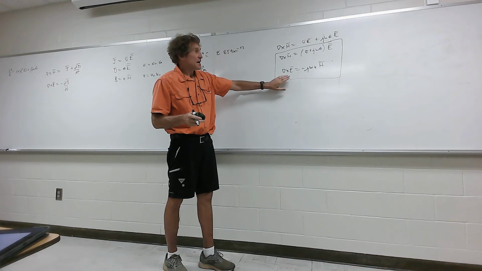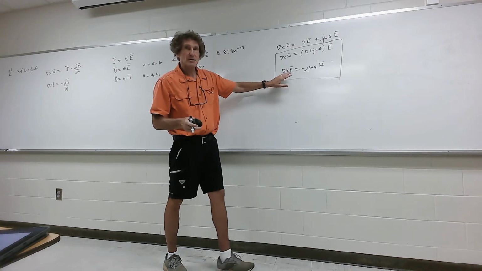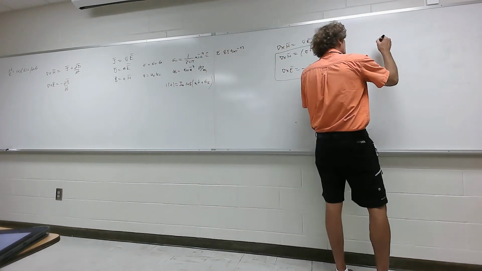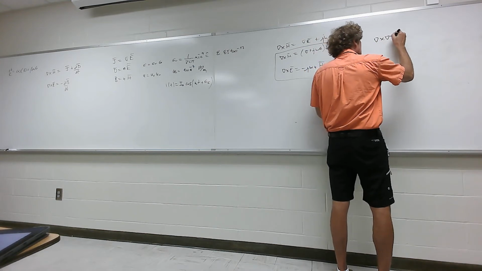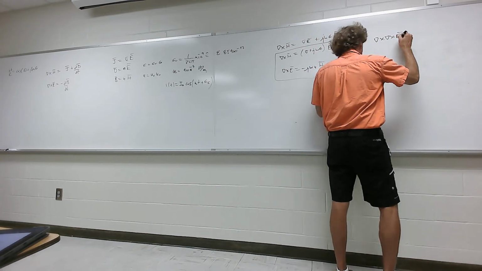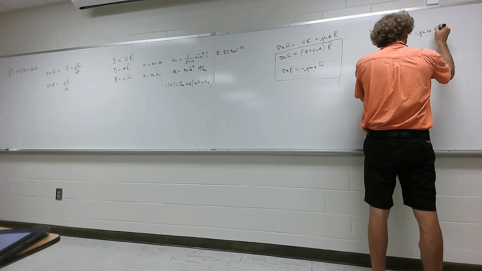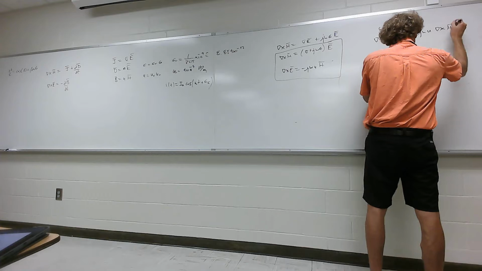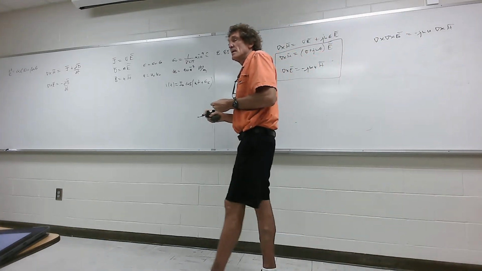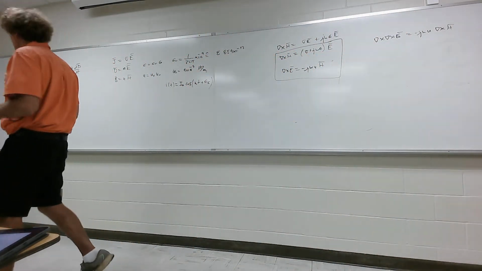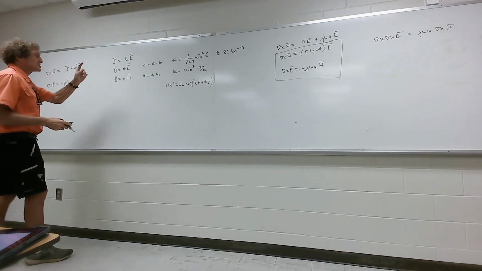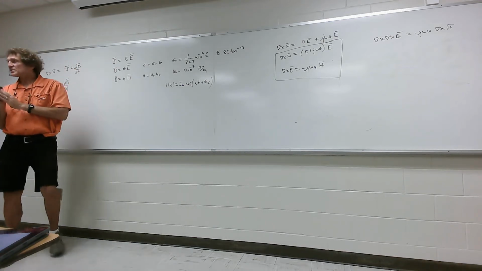Now look at this. If I take another curl of this bottom one, so I'm going to take curl of curl of E, that's equal to minus j omega mu times curl of H. Y'all agree with that? I didn't say this explicitly, but I'm assuming that sigma and epsilon and mu are not spatially variant.